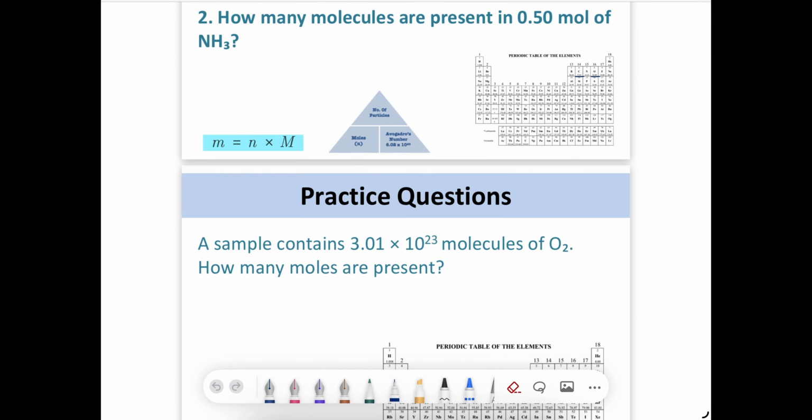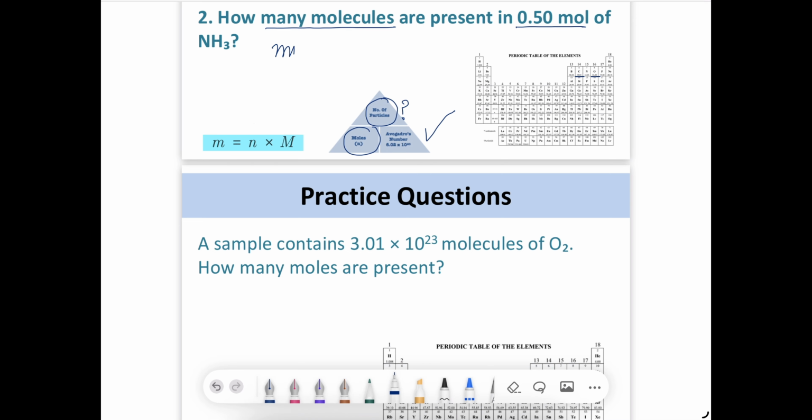How many molecules are present in 0.50 mole of NH3? You have to calculate the number of molecules. So the number of molecules means the number of particles has to be calculated. You are provided with 0.50 moles of NH3. So we have chosen a formula.